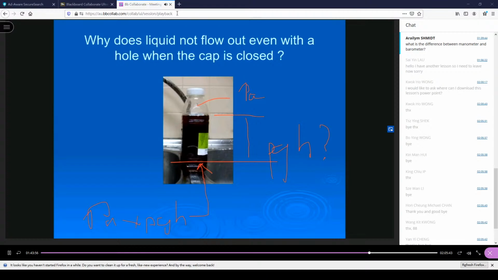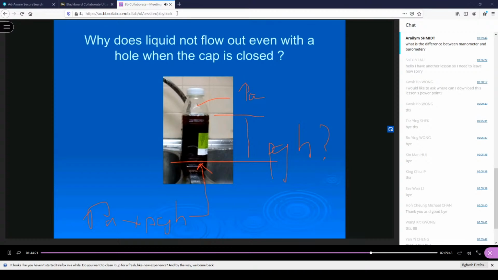Now when you first cap it, when you still have water coming out, I think you cannot realize it, so look at the video carefully. Before it stopped, before we actually close this cap, you still find some liquid coming out. So actually, the pressure here is more than atmospheric pressure.